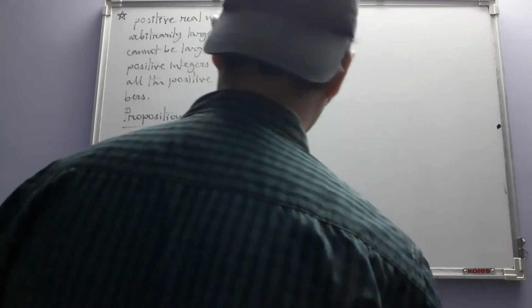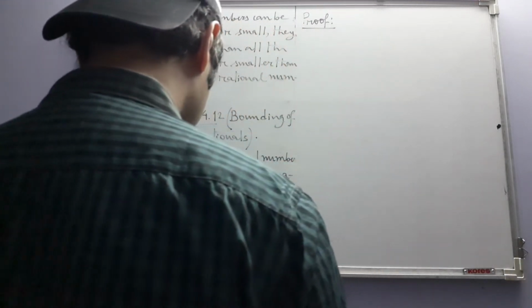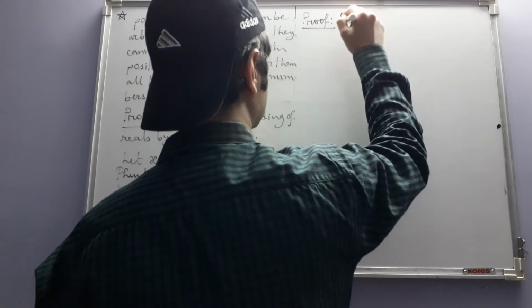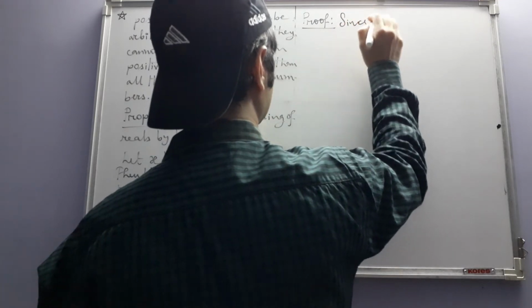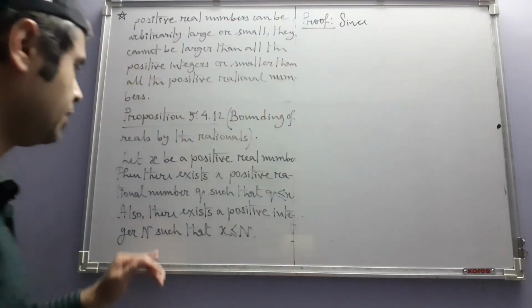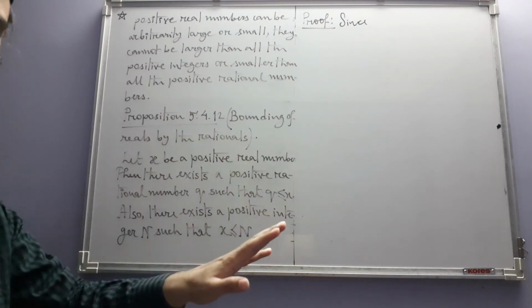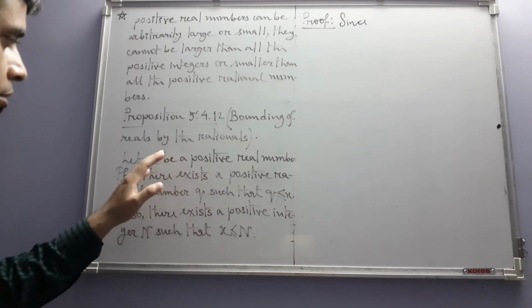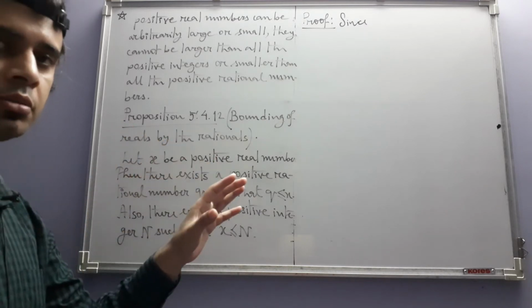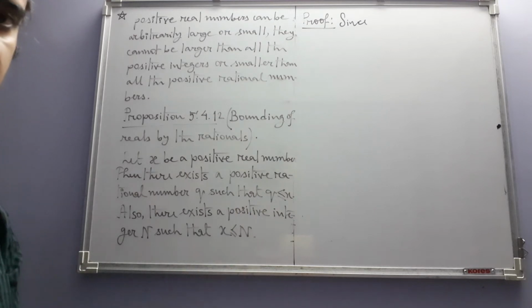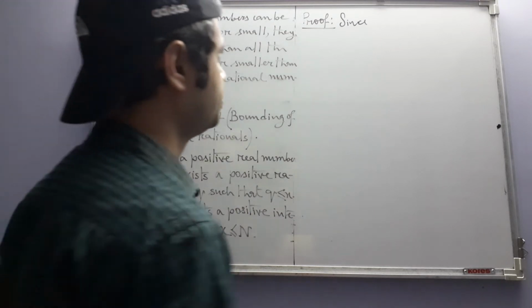So where was I? I wanted to prove this. Okay, so the thing we are given, the hypothesis, is that x is a real number, but it's a positive real number. So that means it will be the formal limit of a Cauchy sequence of rational numbers that is positively bounded away from 0.